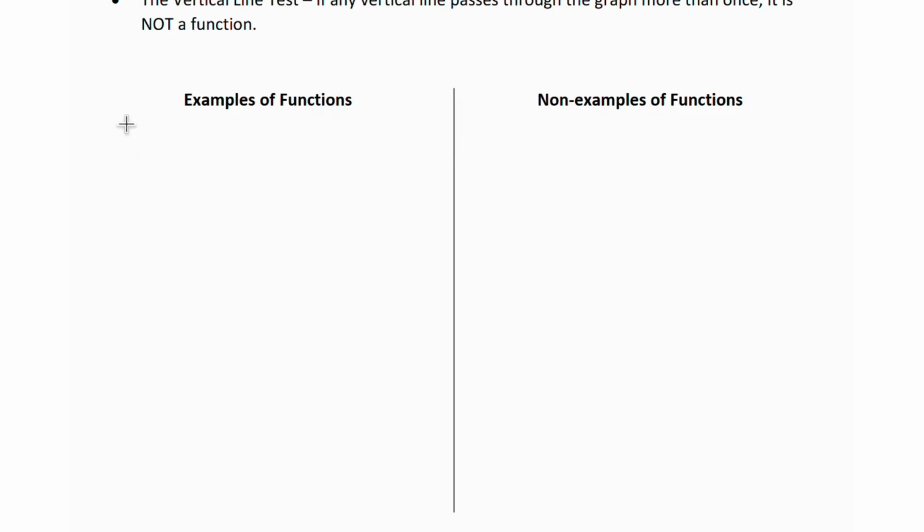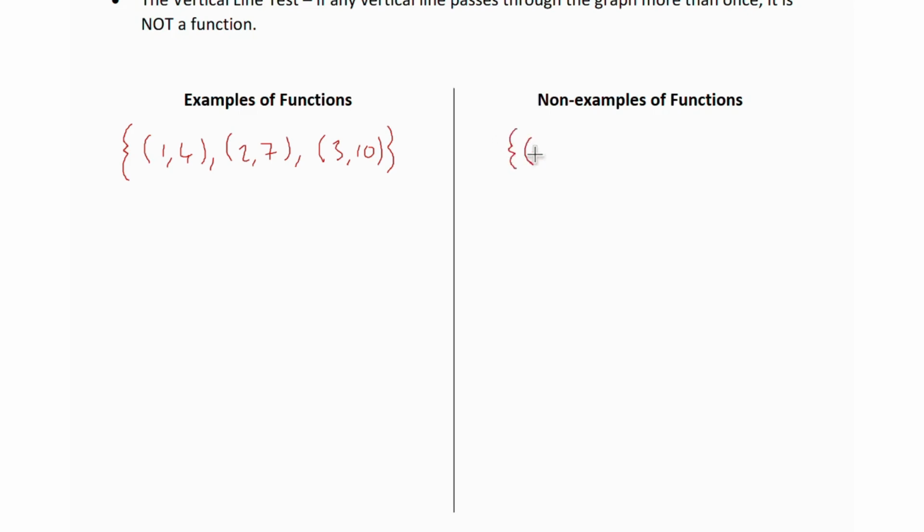So first of all, in set notation, we could have something like (1, 4), (2, 7), (3, 10). That is a relation, and each element of the domain goes to exactly one thing in the range.